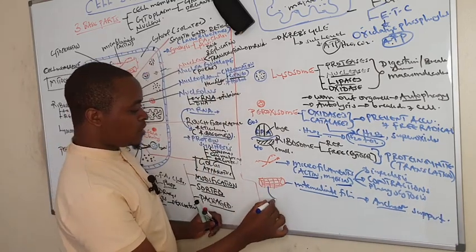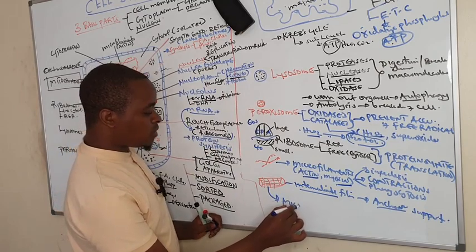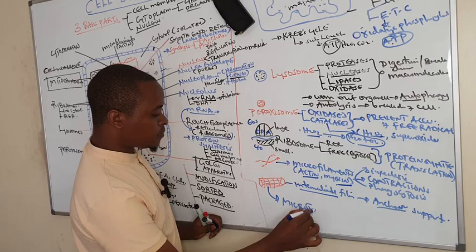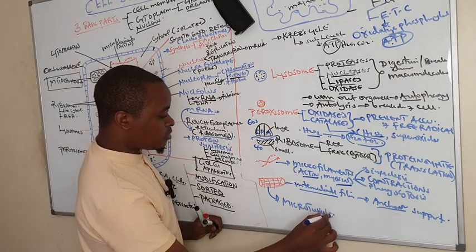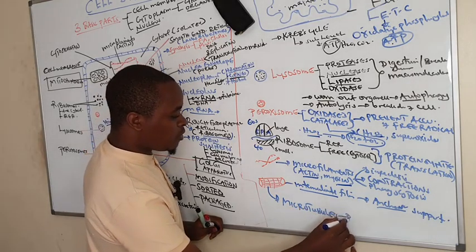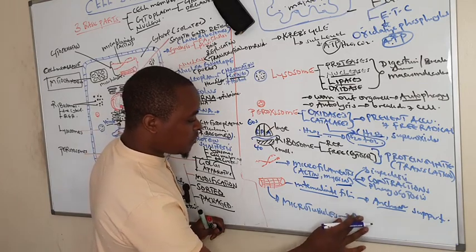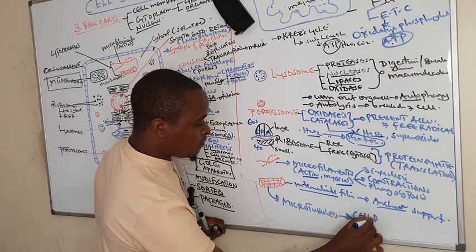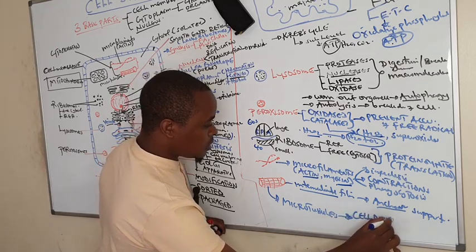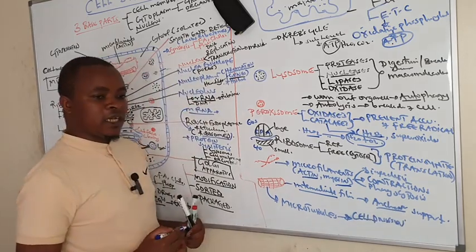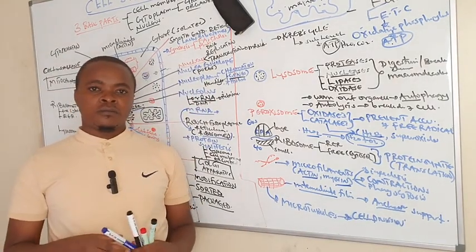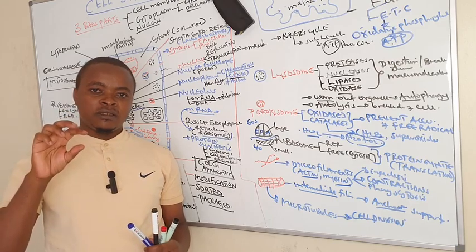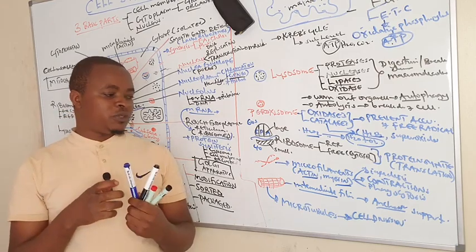Then the last one is the microtubules. Microtubules play a big role during cell division, whereby these microtubules attach the chromatids at the equator of the spindle.